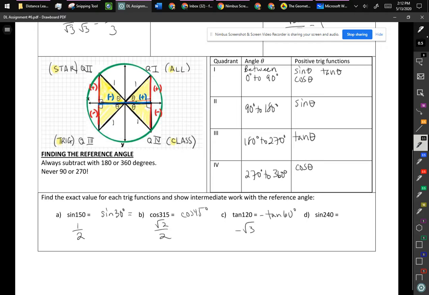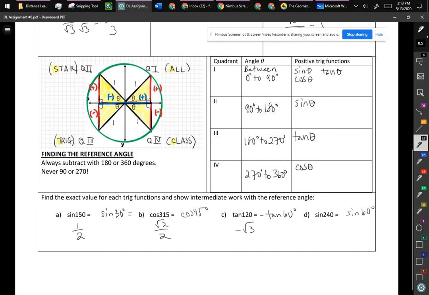All right, last one and we're done. 240 degrees gets you into quadrant 3, right? So I'm looking for this angle. Notice that's closer to the 180 degree line, so we're going to subtract from 180. 240 minus 180 is 60. So this is the sine of 60 degrees.